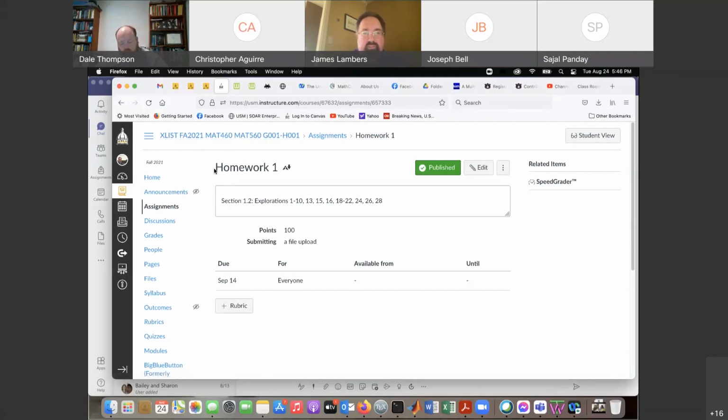All assignments are submitted by uploading files to Canvas. Some problems will be the kind worked out on paper. So you can, for instance, scan your pages into images or a PDF and upload that. There'll also be coding problems.